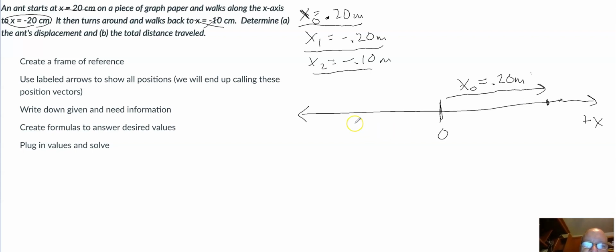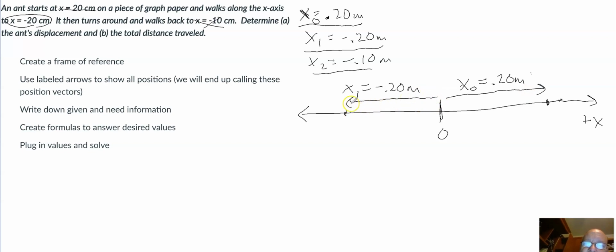Okay, my second position here, x1, is down here, and I'm going to use another of these arrows to show that x1 is at negative 0.20 meters. This isn't showing that I went from 0.2 to negative 0.2.